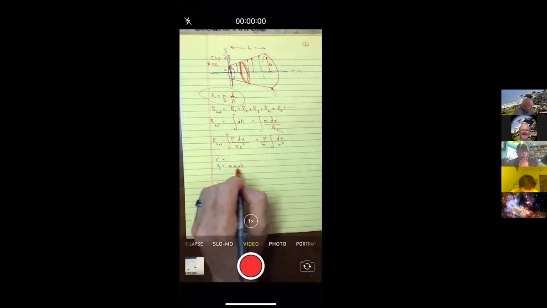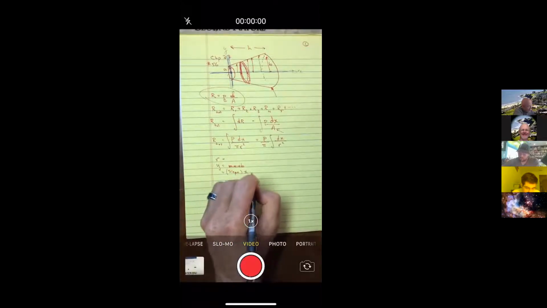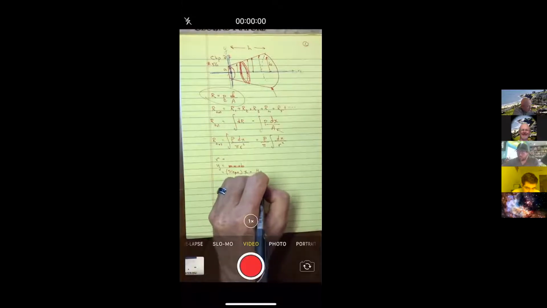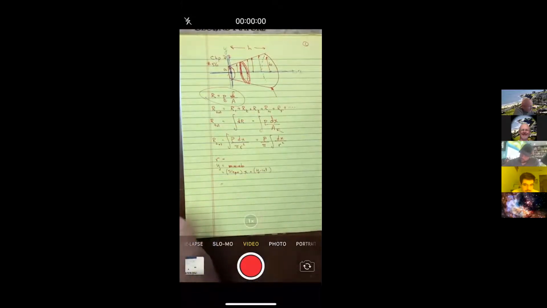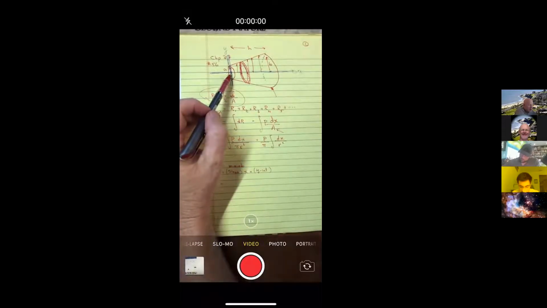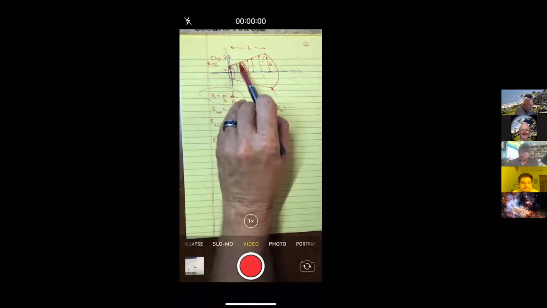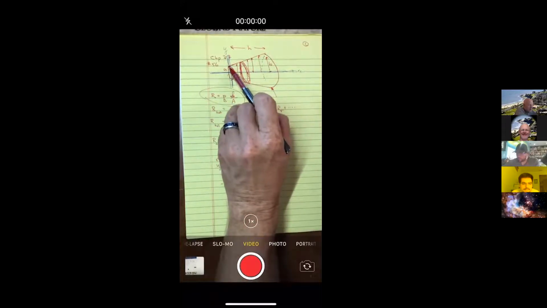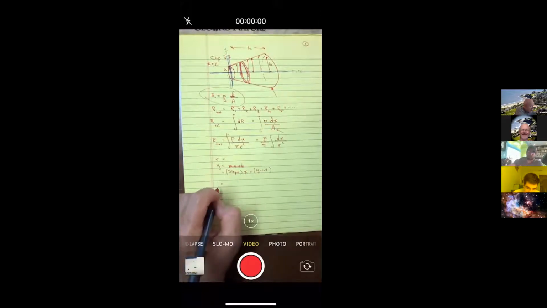So maybe I shouldn't write it that way. That could be confusing. Maybe I should write it as slope times x plus y intercept. And so if I take a look at this thing, this line going out is really the radius. That's why I'm going to set y equal to r.